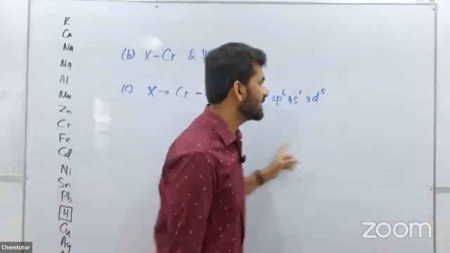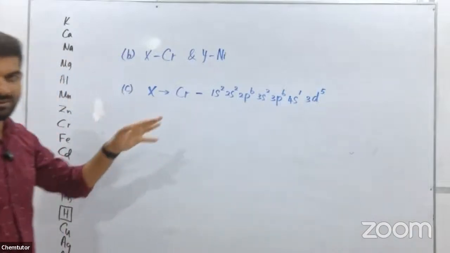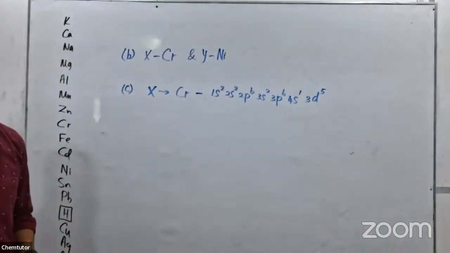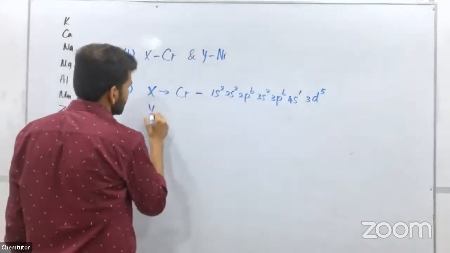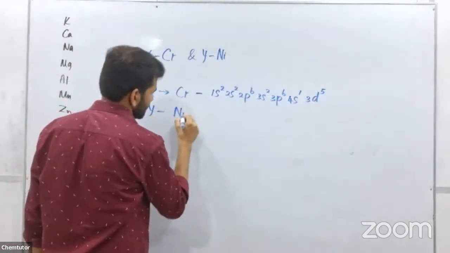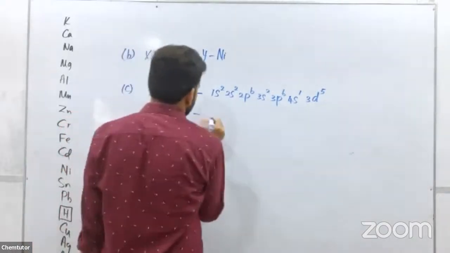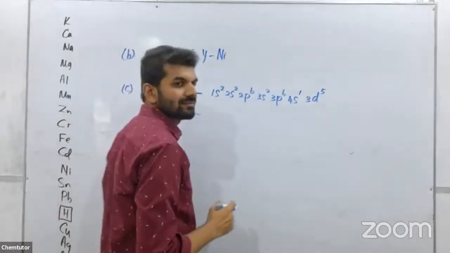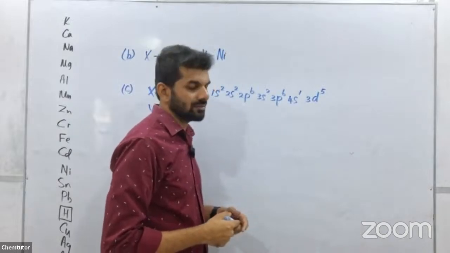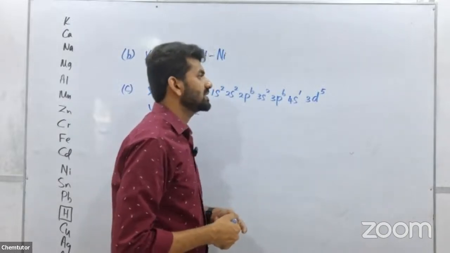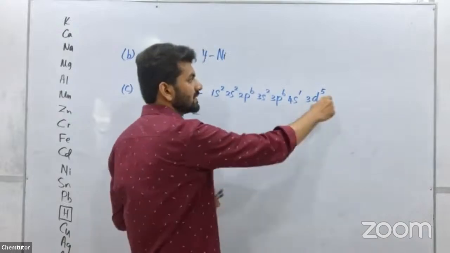Therefore, this is an exception in electron configurations. Then Y is nickel.